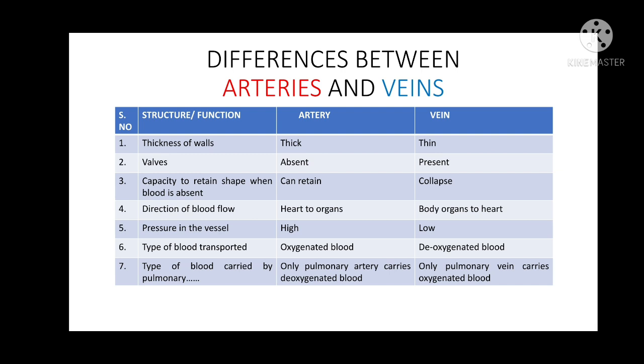Type of blood transported. Arteries transport oxygenated blood. Veins transport deoxygenated blood. Type of blood carried by pulmonary artery. It carries deoxygenated blood. Type of blood carried by pulmonary vein. It carries oxygenated blood.